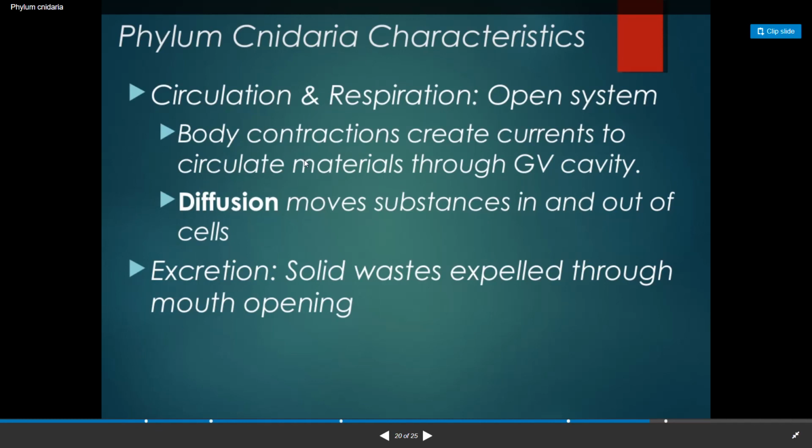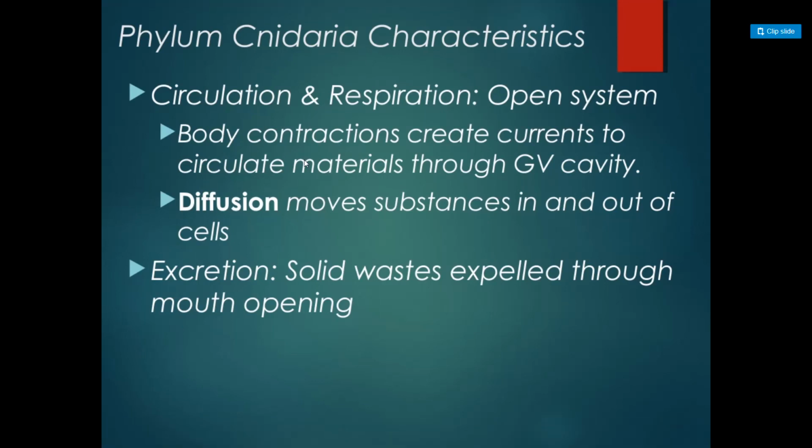The body contractions create currents to circulate materials through the gastrovascular cavity because they have a hydrostatic skeleton. You take a jellyfish or a sea anemone out of water, it just turns to a pile of mush. So diffusion moves substances in and out of the cells. Excretion, solid waste expelled through the mouth opening. So their mouth and their anus are the same hole.